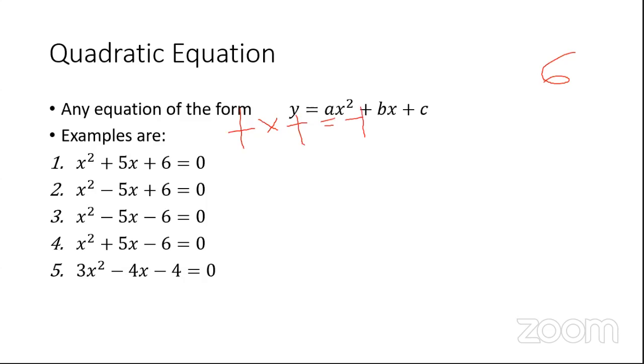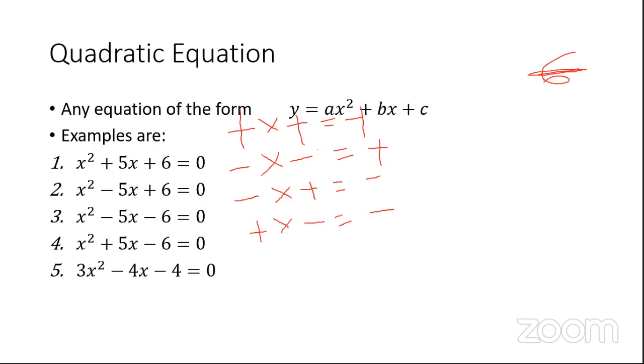Then minus times minus will also give us plus. That is, when you have the same sign, it becomes plus. But when you have different signs, minus times plus, it will give us minus. And plus times minus will also give us minus. So that's very, very important in our quadratic equation. So what sign and what sign are we multiplying? We are multiplying plus 1 and plus 6 to give us plus 6.